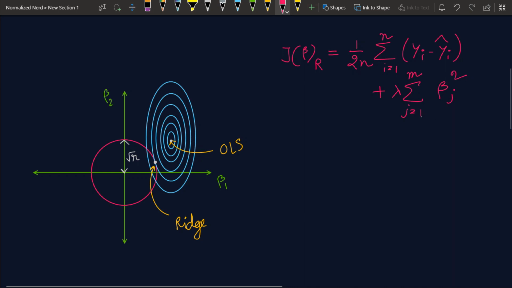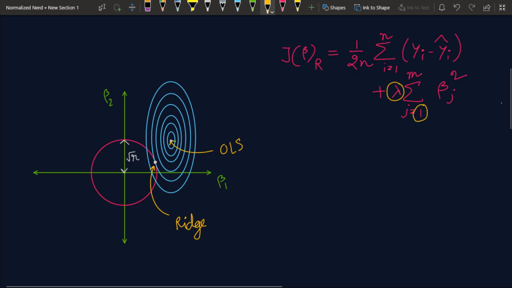Now notice here two things. The first one is we have another coefficient called lambda here, and we have started the summation from 1.